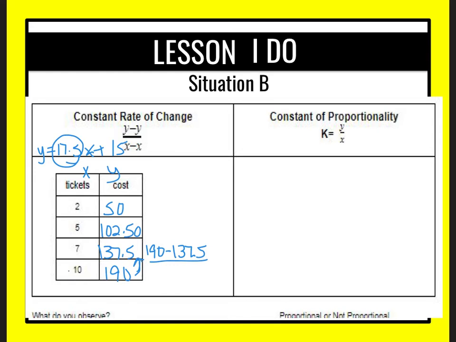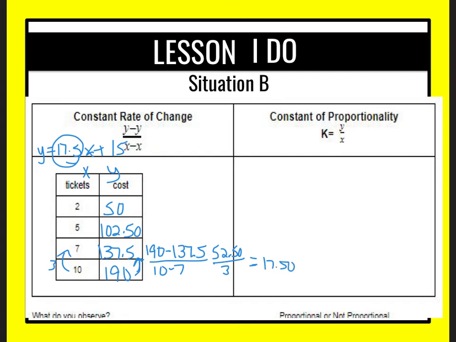And then 10 take away 7, which I know has a change of 3. When I subtract 190 minus 137.5, that equals $52.50. If I divide that by 3, that gives me $17.50.